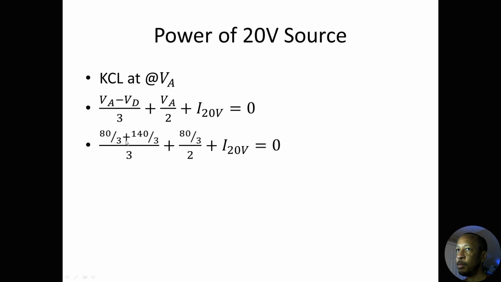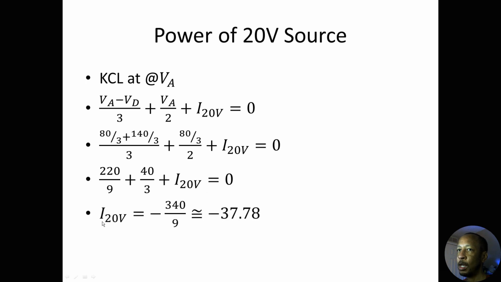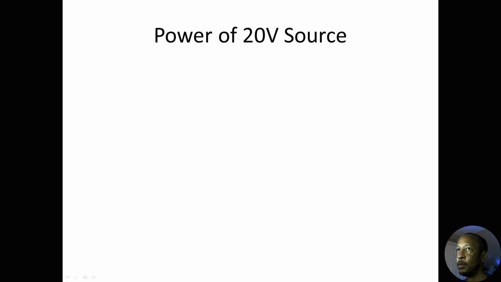Then (80 over 3 plus 140 over 3) divided by 3 plus (80 over 3) divided by 2 plus I 20 volt equals 0. That gives us 220 over 9 plus 40 over 3 plus I 20 volt equals 0. And I 20 volt equals negative 340 over 9, which is approximately equal to negative 37.78.